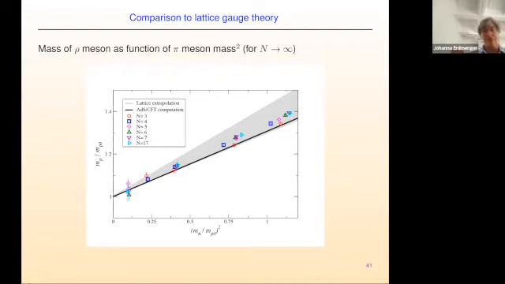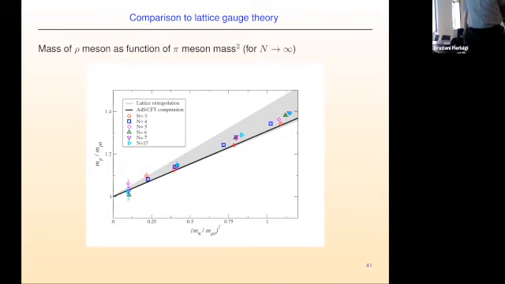For philosophers, the interest is that we now talk to these lattice gauge theory people who normally say, oh, these string theorists are always in the clouds, we don't know what they're doing, is this useful? And now we can do a calculation that we can directly compare to what they are doing.